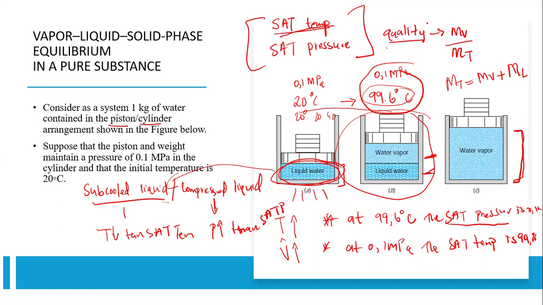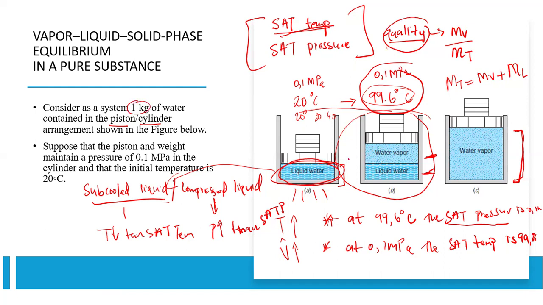So in this case, what does the quality refer to? Quality refers to the mass fraction. Okay? Quality refers to the mass fraction. So that means, for example, if we have water vapor, we started with 1 kg, right?